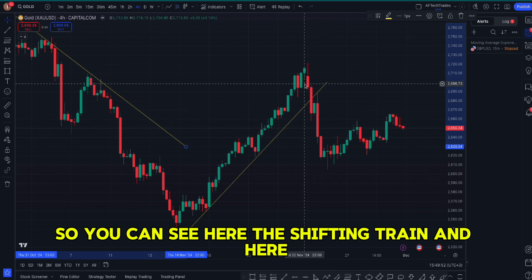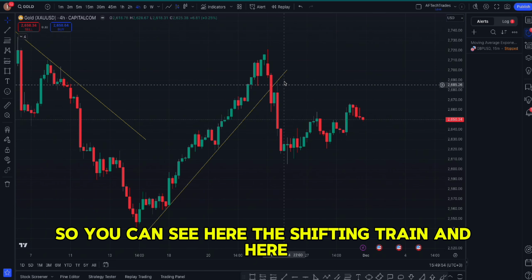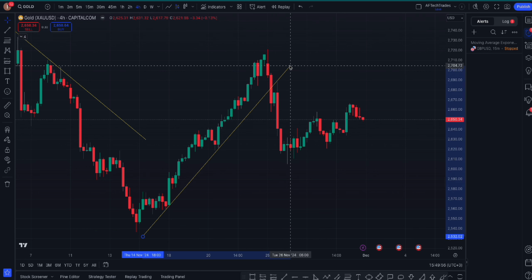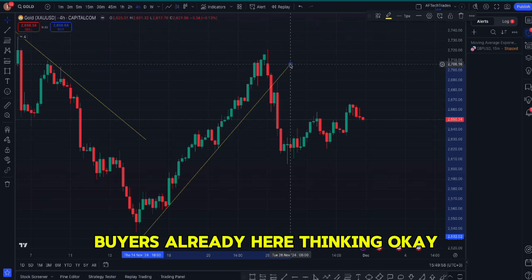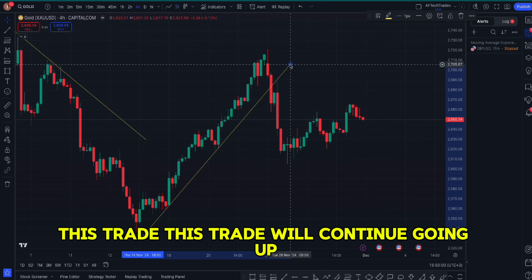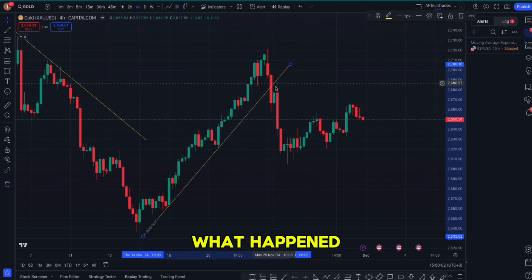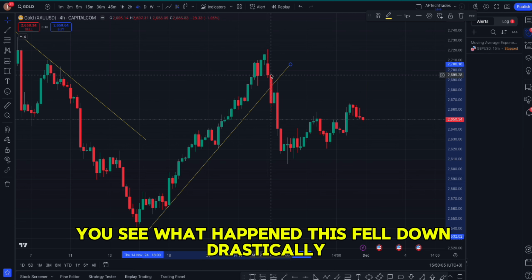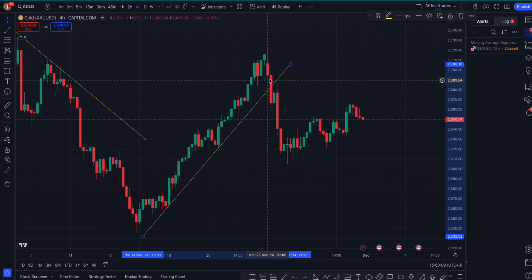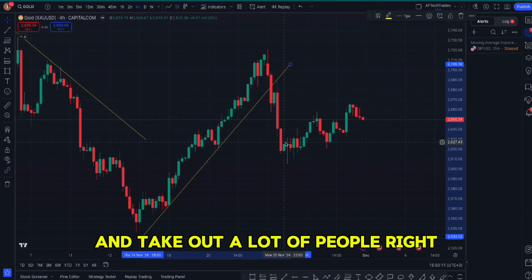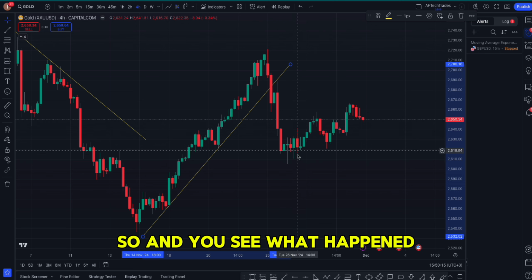So you can see here there's shift in trend, and here buyers are already thinking, okay, this trend will continue going up. But what happened? You see what happened? This fell down drastically and took out a lot of people, right? And you see what happened there.